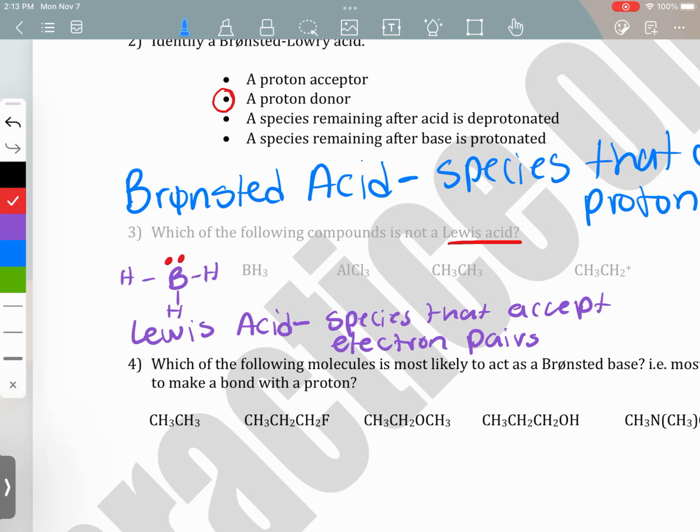Boron is a Lewis acid because it can accept electron pairs. It can accept the pair so it can complete its octet. Boron works the same as aluminum here. AlCl3 is the same thing. It only has 3 bonds now, but it can still accept an electron pair to complete its octet.